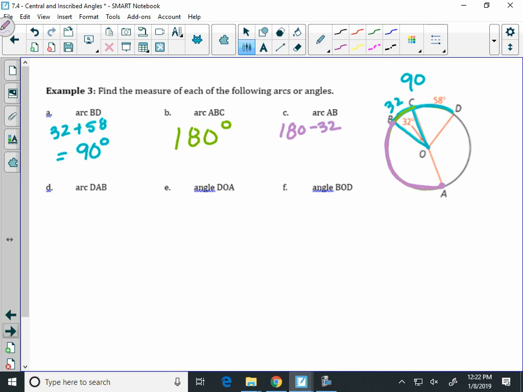And we know part of that semicircle was 32. Well, if we just take away 32, then we know the rest of that arc. So if we just do 180 minus 32, that will give us AB. And what do we get when we do 180 minus 32? 148. That's 148. I'm going to write that a little bit better.